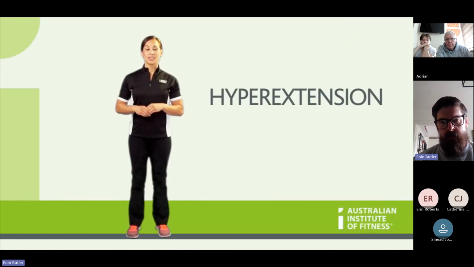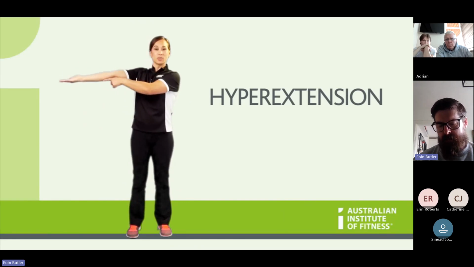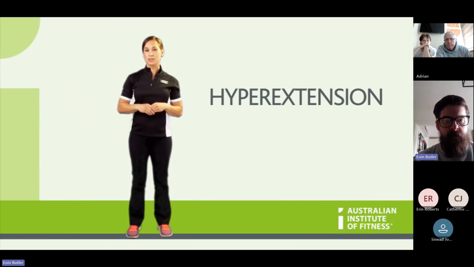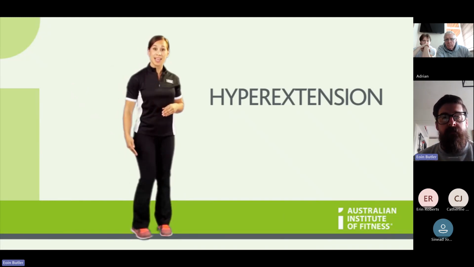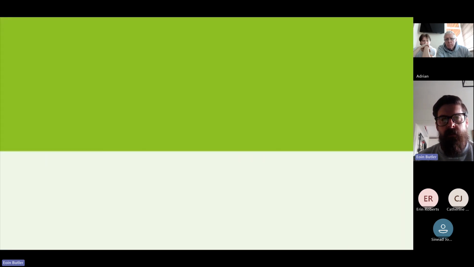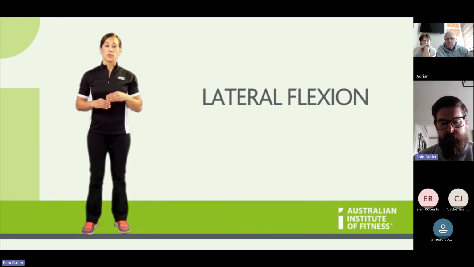Hyperextension. So this is a bit more tricky to demonstrate, but examples would be elbow hyperextension, and this is where you would see the elbow actually kick up like this. Other places for hyperextension are in the knees, and you'll see that from the side when people's knees go behind them. Lateral flexion. We often use this just for the head and for the trunk.